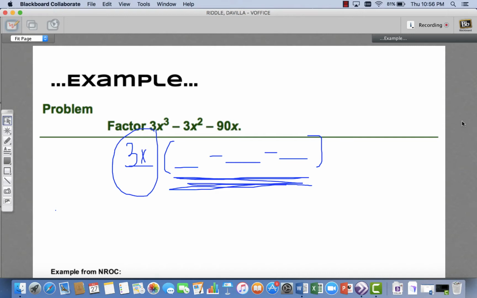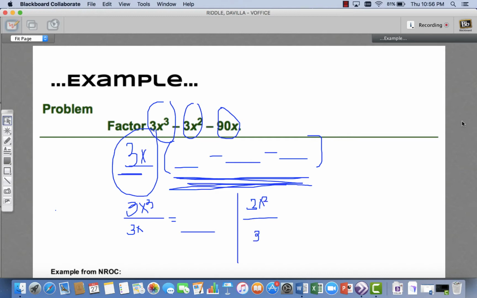So you want to look at each term individually and divide by the thing that you pulled out. So first we have 3x cubed, and we want to divide that by 3x, which would give us, and then 3x squared divided by 3x, which would give us, and lastly 90x divided by 3x equals.